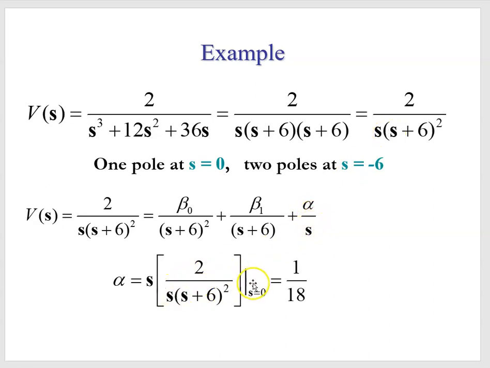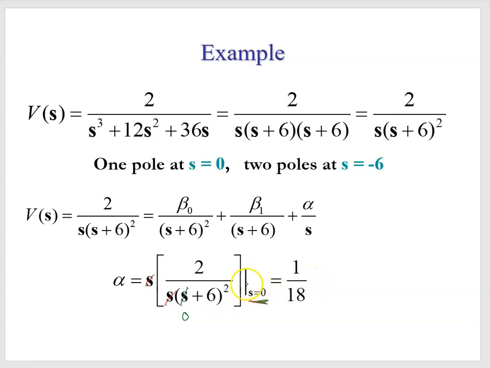So we can evaluate alpha by multiplying our V of s by the root of the denominator of alpha, which is just s. So we'll do that. The s's cancel. And we'll evaluate it at s equal to 0. Because we are evaluating at s equal to 0, that's 0. So we just end up with 2 over 6 squared, or 1 over 18.